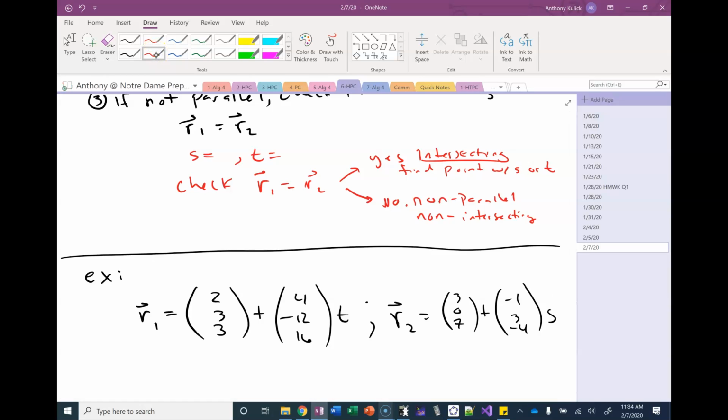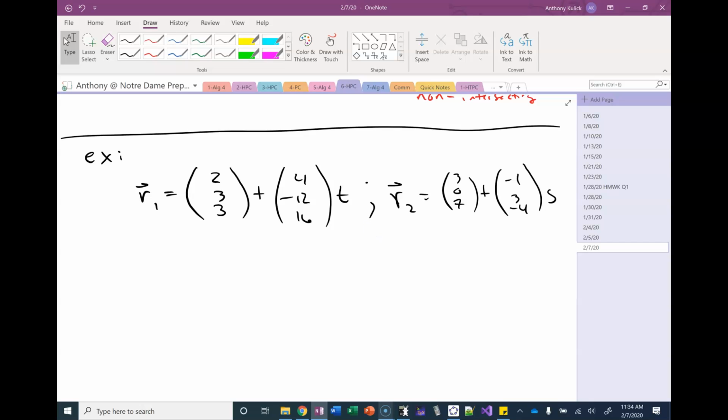While none of these skills are things we haven't done before, just keeping track of what you're doing and what it's checking for is sometimes a little bit difficult.